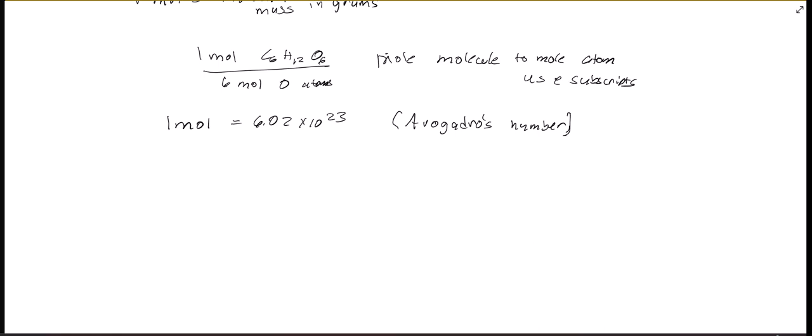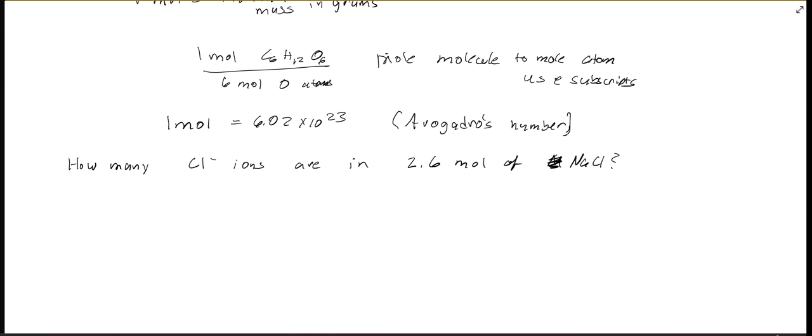And so I can now do however many conversion factors I need to get to what I want to cancel out. So if I were to ask how many chloride ions are in 2.6 moles of sodium chloride.